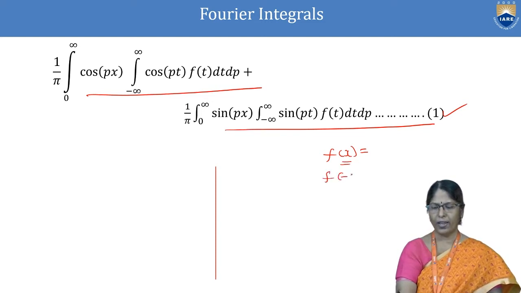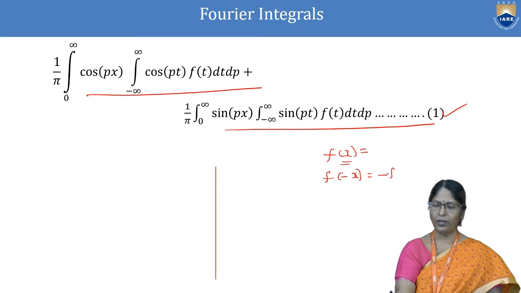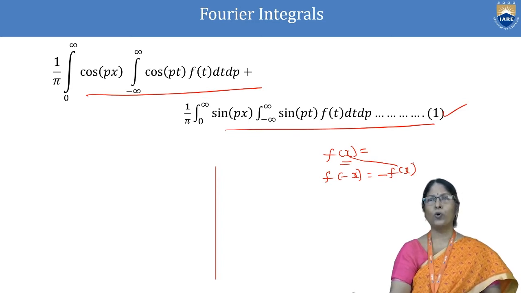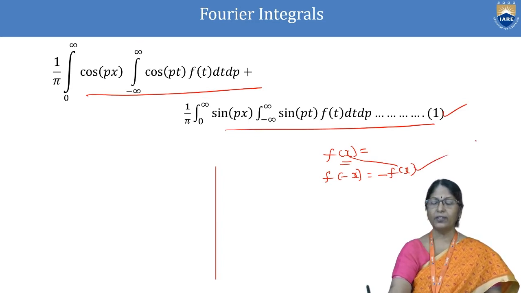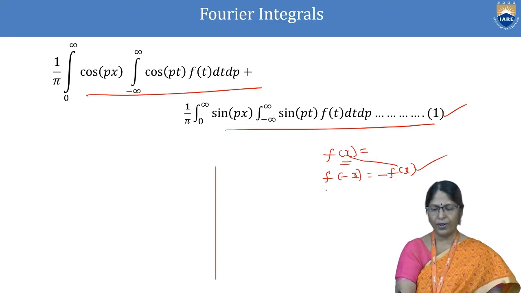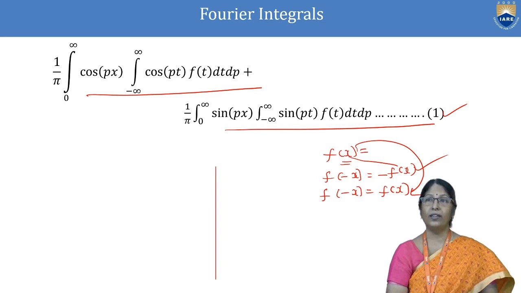If the result is minus f of x, the given function with the opposite sign, then it is an odd function. If f of minus x equals f of x, that is, we get back the same function, then it is an even function.